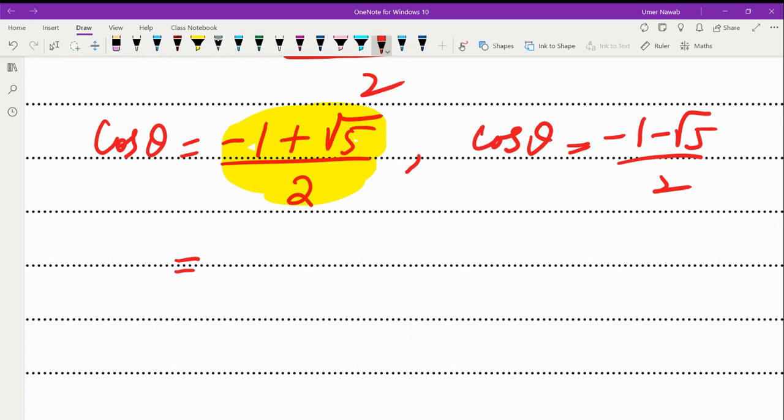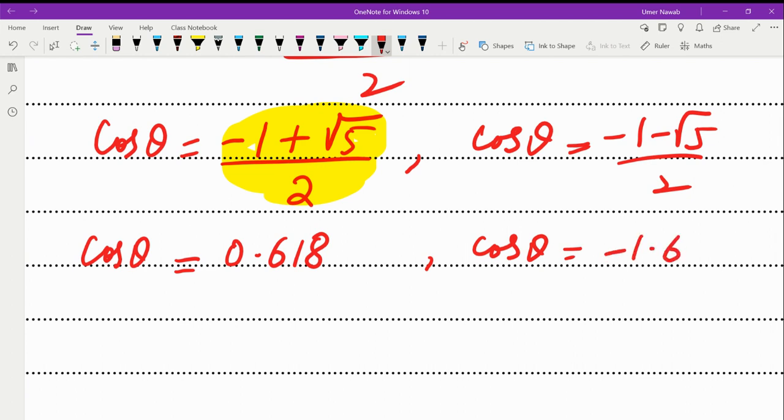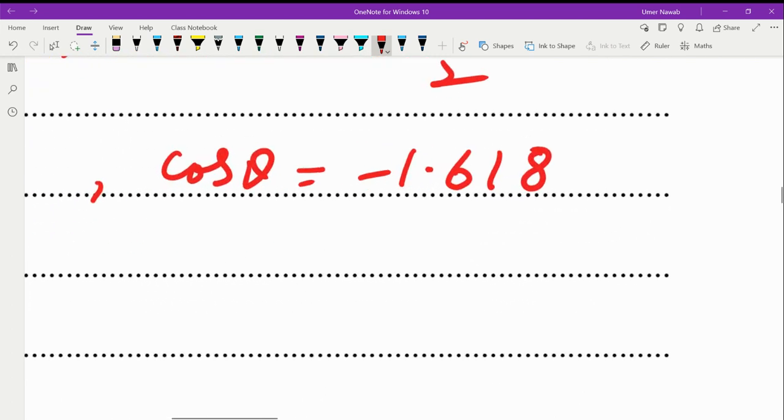In decimal form, this thing equals 0.618, to 3 significant figures, or you can write it as 4 significant figures. And this answer, when I simplify it, gave me minus 1.618. Look at this answer.